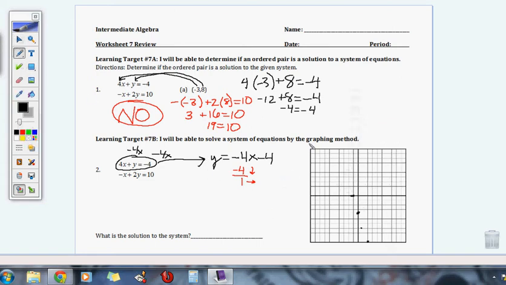Then I'm going to try to graph a line here, which I'll admit may not be the easiest for me to do.